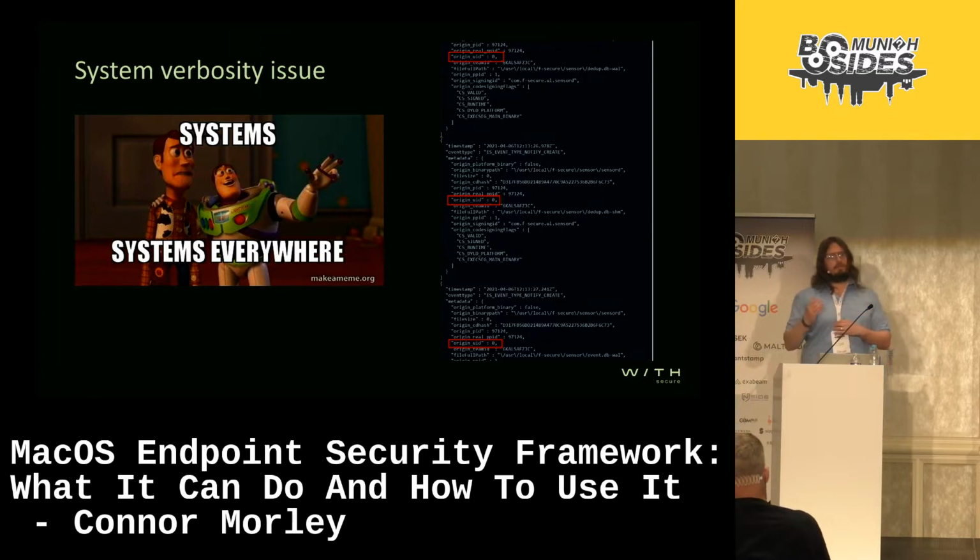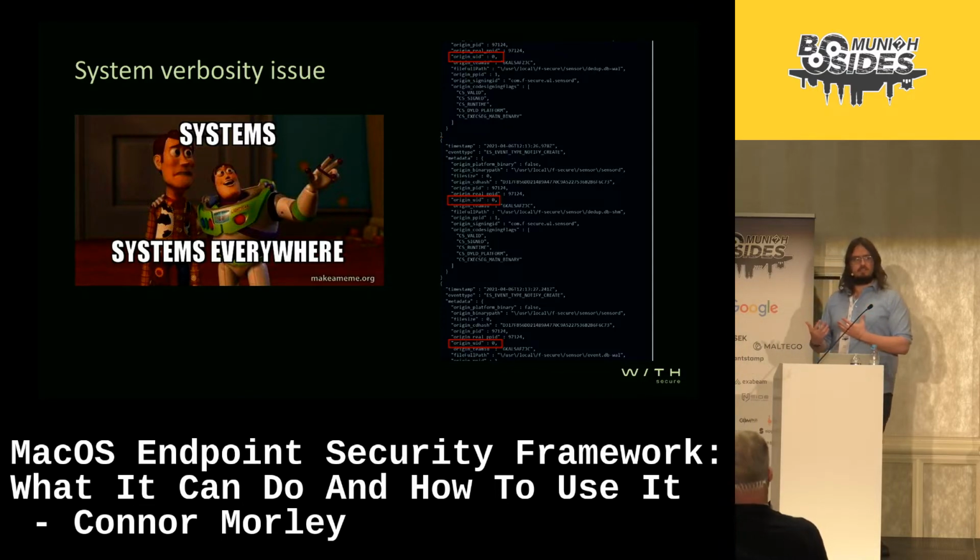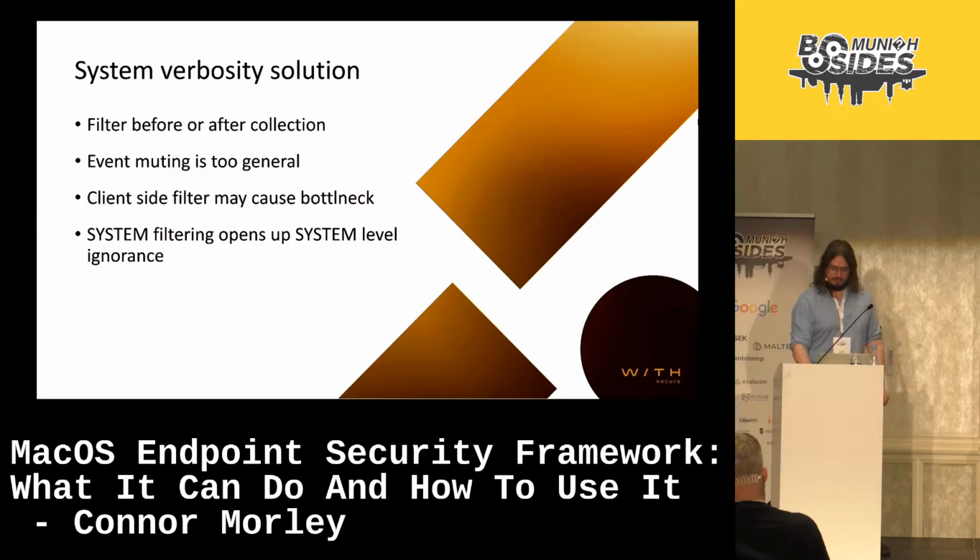Because we've talked about the bottlenecking issue before, the simple amount of data being processed by the ESF, when you take into account the system events, is extremely high. Because of this, you end up with an overhead issue where you have to either filter out these system-level events, or allow them but then do additional filtering for anomalous indications.